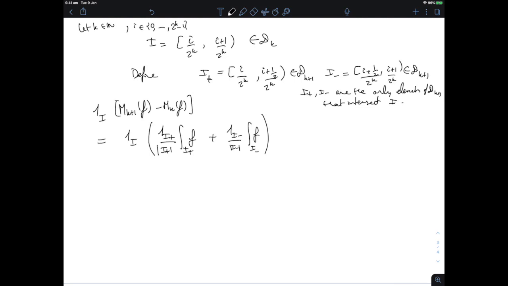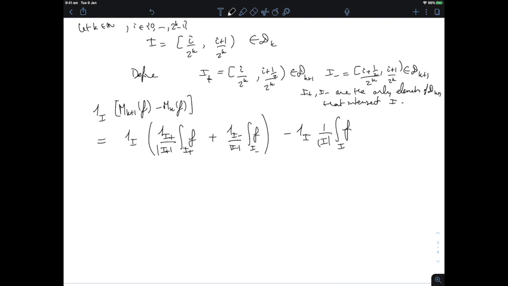Any other element of D_{k+1} will be in another interval of D_k than I, and so multiplied by the indicator function of I will be 0. Okay, that's my m_{k+1}f on I, and then on I, m_k f is just the average over I of f. Sure, because I is already an element of D_k, so f is constant on that interval.